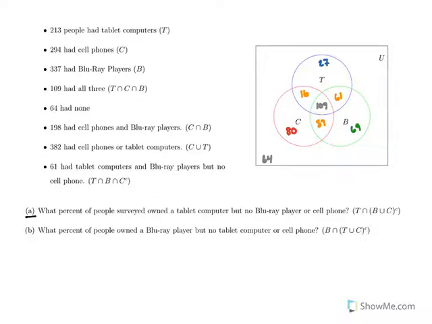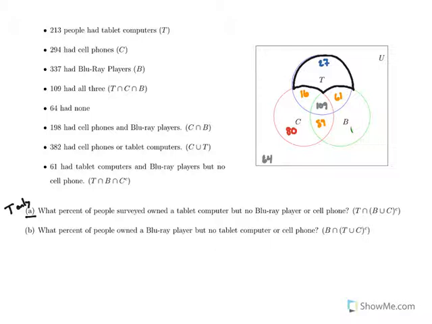What percent of people owned a tablet? So we're in the tablet computer, but no Blu-ray or cell phone. That is our T only. It's another way of saying only a tablet computer. That's going to be 27. All right, 27 people, but how many people total we'll find in a second.